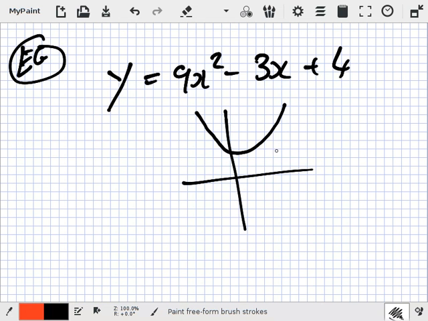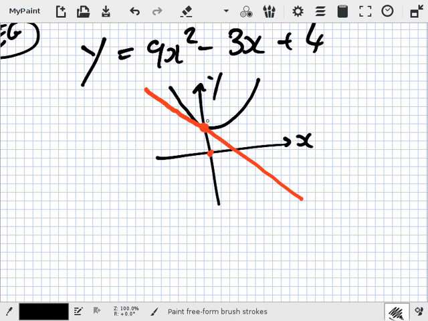And I want you to get the equation of the tangent line when x is 0. So this is x is 0 here, obviously, because it's where it crosses the y-axis. Very good, you know that this point here is (0, 4).